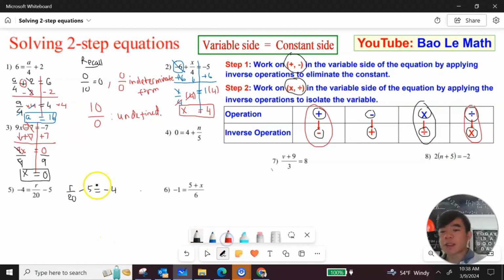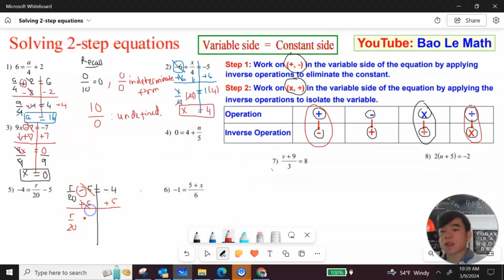I just draw a line right here. Now this is the subtraction side, so the inverse turns out to be addition. So add 5 to both sides, and I have r over 20.